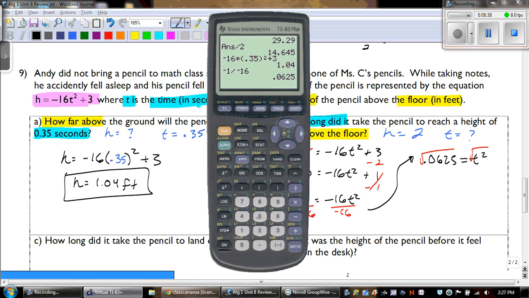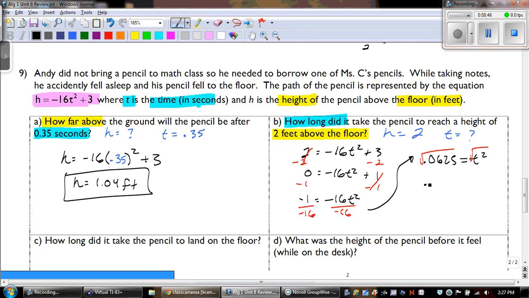And when we square root 0.0625, we get 0.25. And remember, that's plus or minus, but which one don't we need? We don't need minus because we can't go back in time. Okay, time is only positive, so just make sure that you write seconds on there.